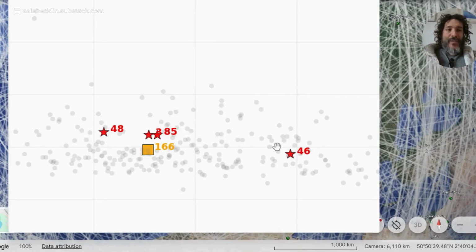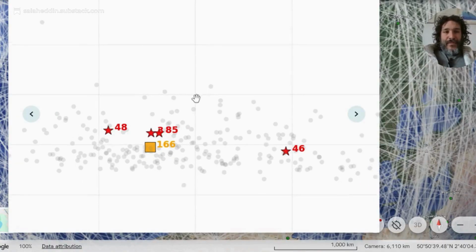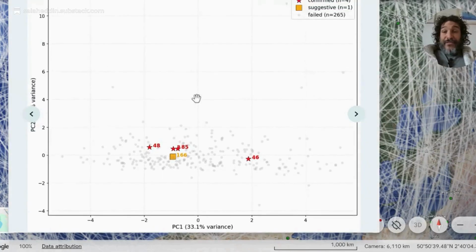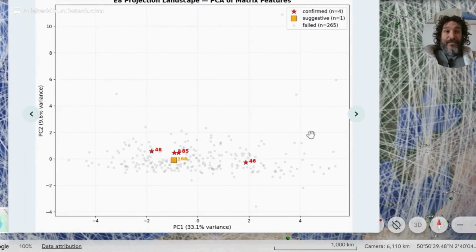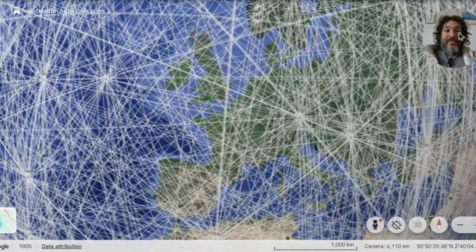To find out what they share, we need to look deeper at the individual dimensions of the E8 crystal. So that's what we're looking at, a different layer called the Equalizer. This is going to reveal the dimensional fingerprint.